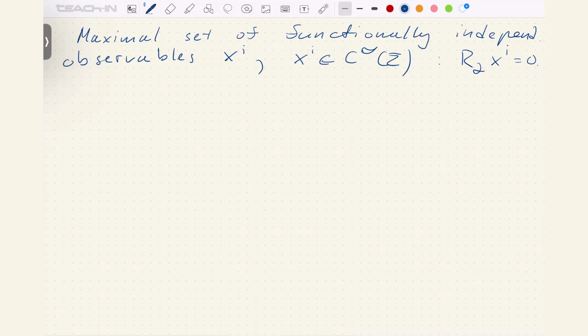So what we can do is consider a surface in sigma singled out by xi equals const i. So just fix some numbers and consider such a surface.